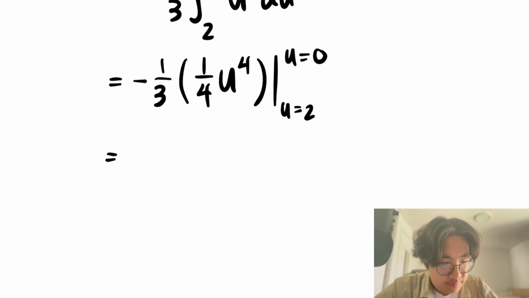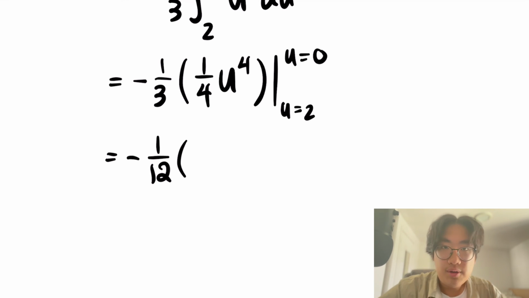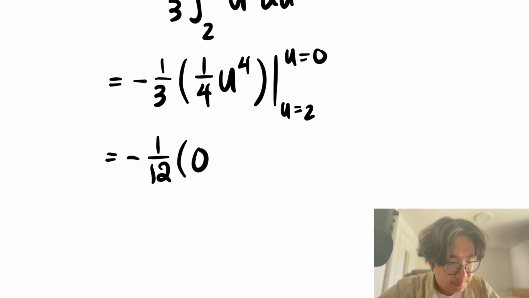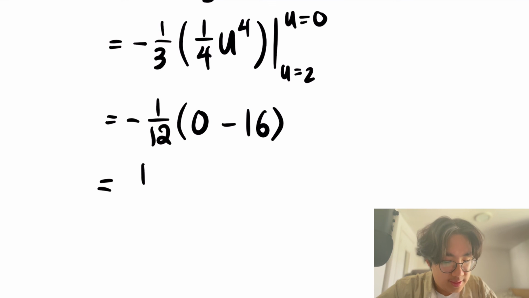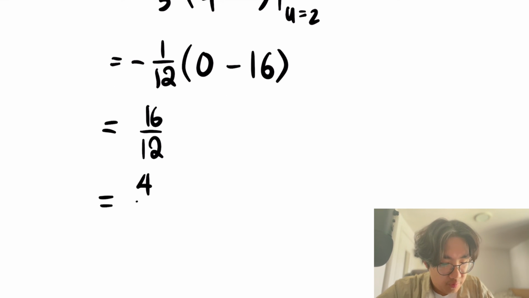Then we can move out this 1 over 4, so we have negative 1 over 12. 0 to the power 4 is just 0, and 2 to the power 4 is 16. So minus 16, and the negatives cancel out. You have 16 over 12, which reduces to 4 over 3.